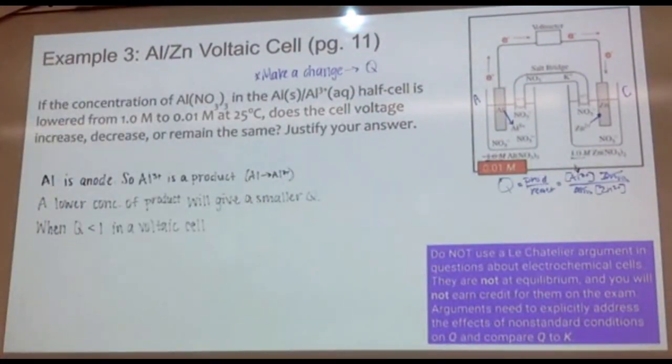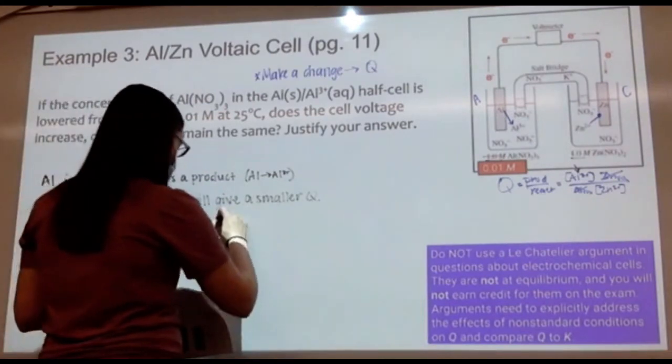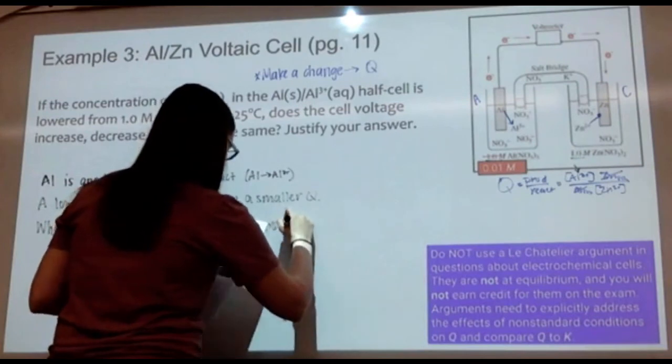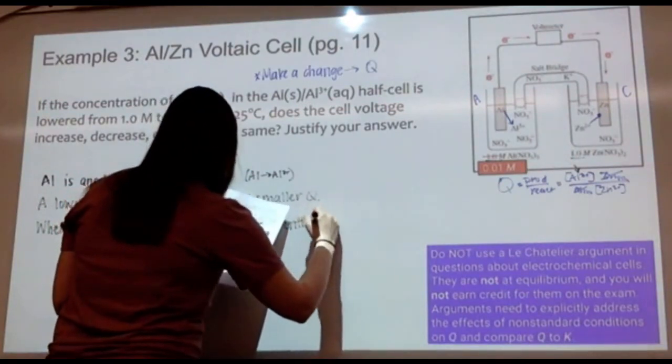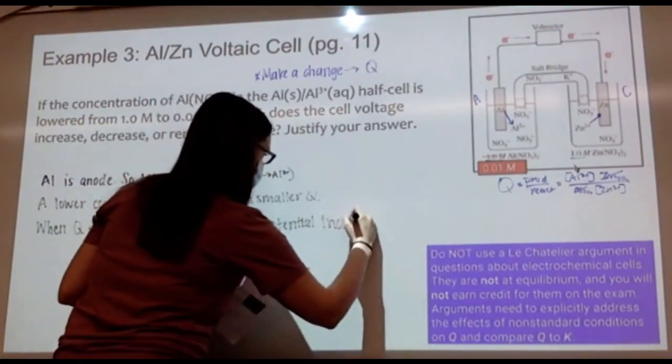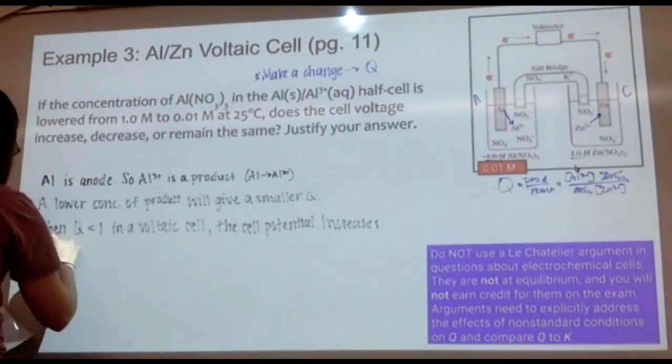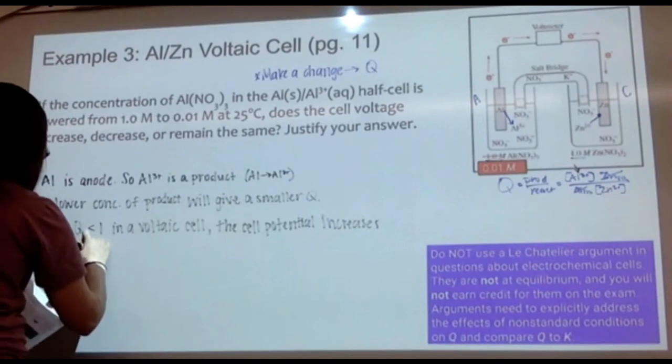Now we're not at standard, so now Q is going to be less than 1. When Q is less than 1, the cell potential increases. Because we are farther from equilibrium.